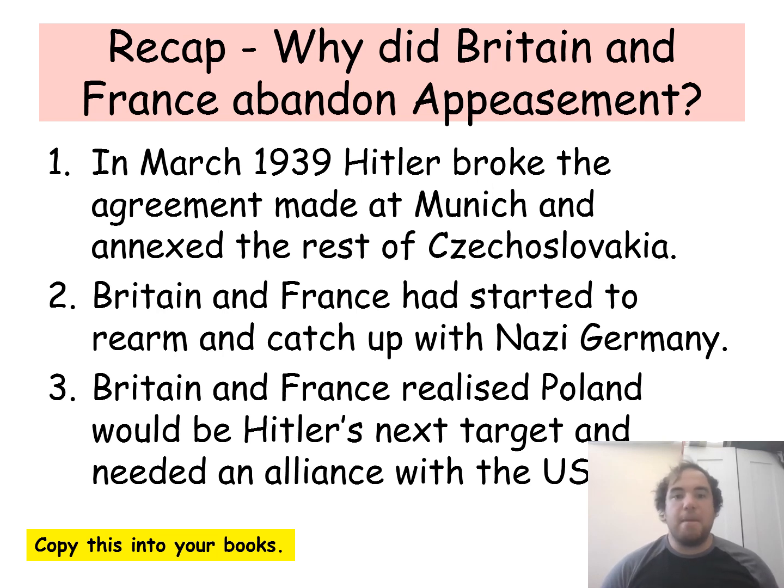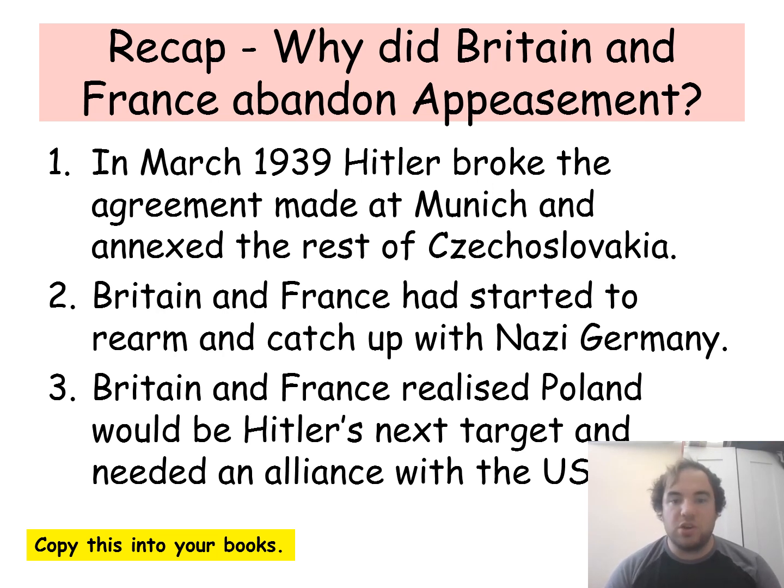Firstly, following the events that we looked at in the last lesson, in March 1939, Hitler broke the agreement that was made at Munich and annexed the rest of Czechoslovakia. And as a result of all this build-up, Britain and France had really started to rearm, and they'd started to catch up with Nazi Germany's military capabilities.